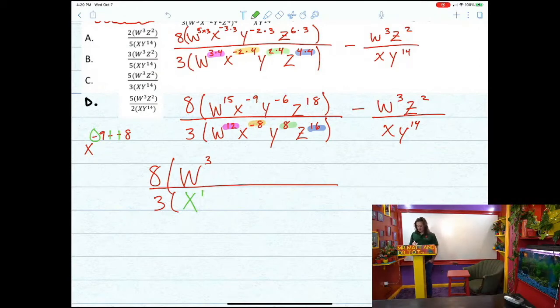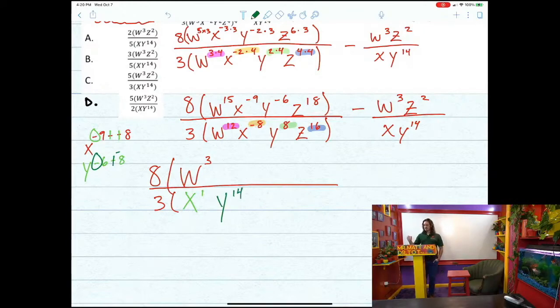Y is going to be y to the -6 minus 8 power. Again, you can do leave, change. So leave this guy, change that guy, change that guy. That's going to be the same thing as y to the -14th, which I can write in the denominator as y to the +14th.